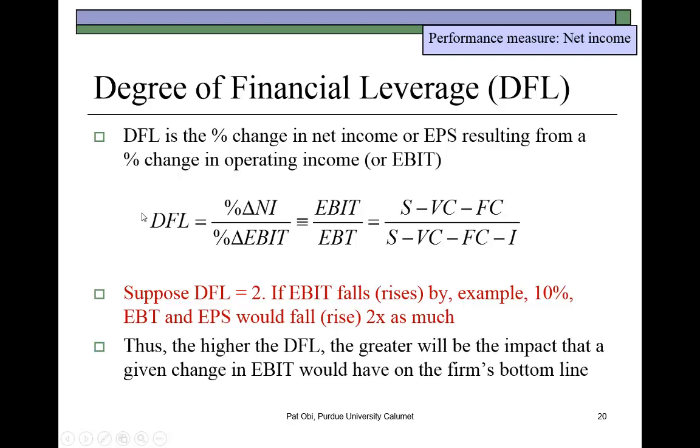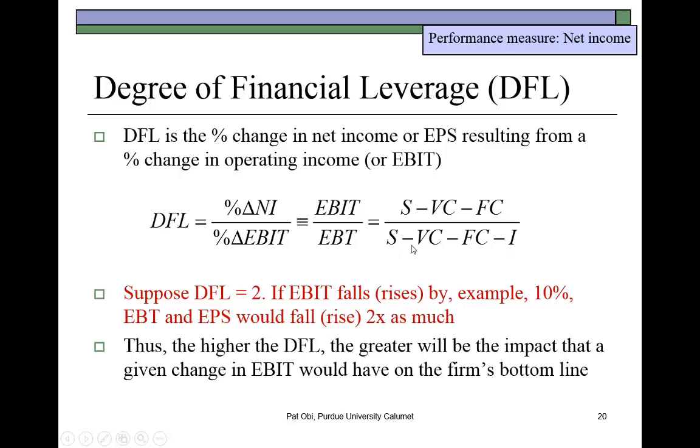So now, real quickly here, suppose you calculate the degree of financial leverage, which, by the way, you can see the calculation formula right here. It is sales minus variable costs minus fixed costs, and this numerator here is going to be your earnings before interest and taxes, EBIT, and you divide that by sales minus your total variable cost minus your fixed cost minus your interest charges.